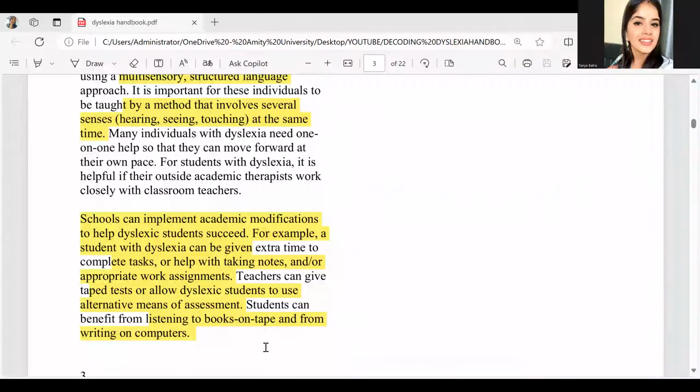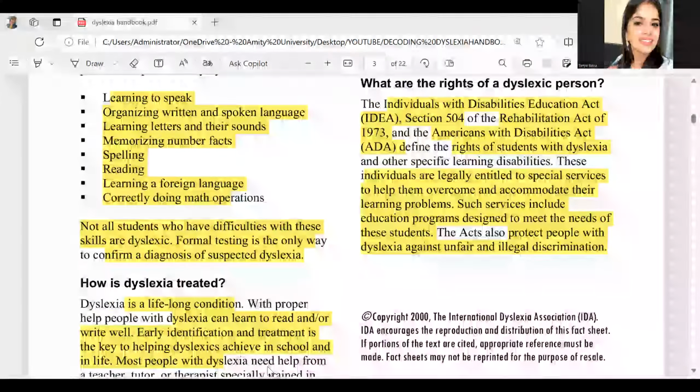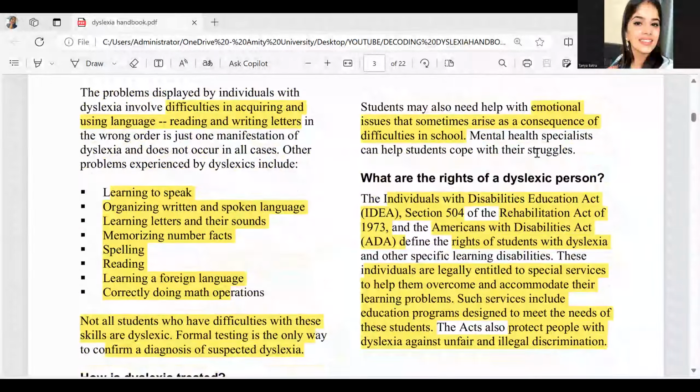Extra time can be given to complete the task. Extra notes, handwritten or typed, can be given to the students. Recorded audio lessons can be given to allow the student to use alternative means of assessment, such as listening to books on tape and writing on computers. All of these accommodations can be included.